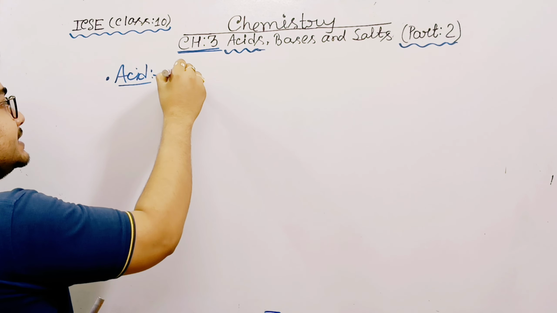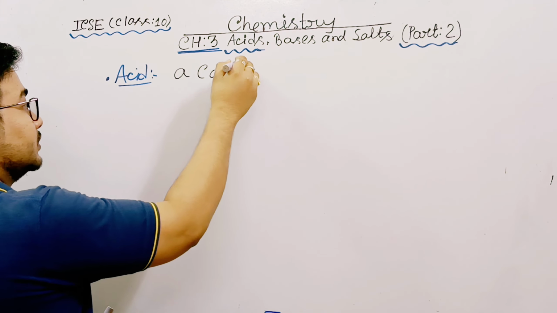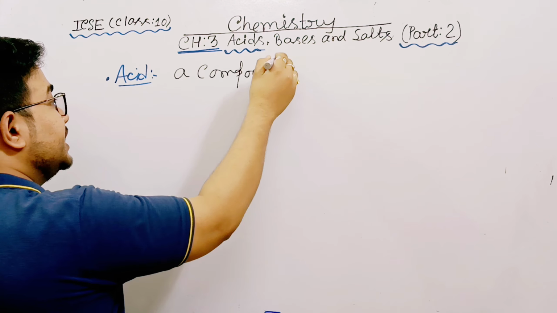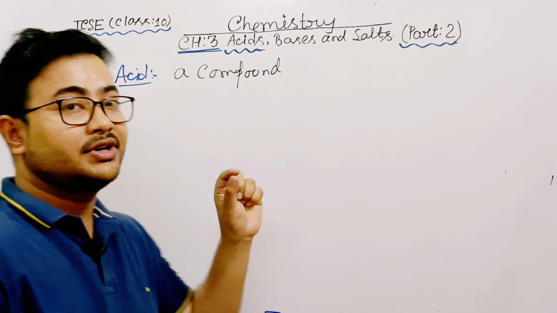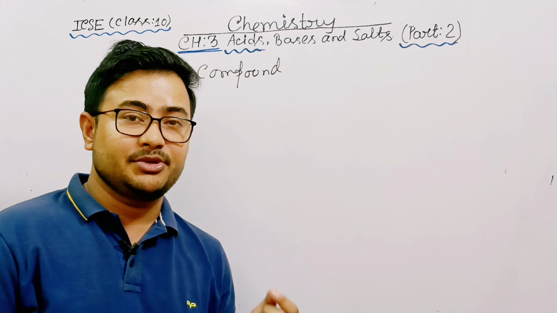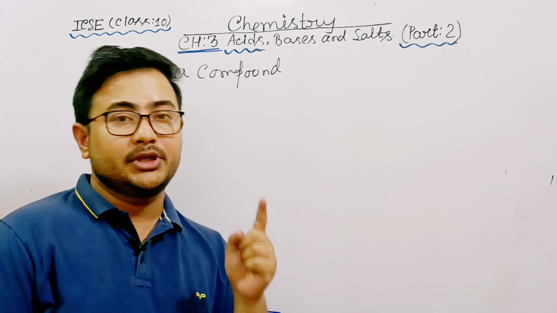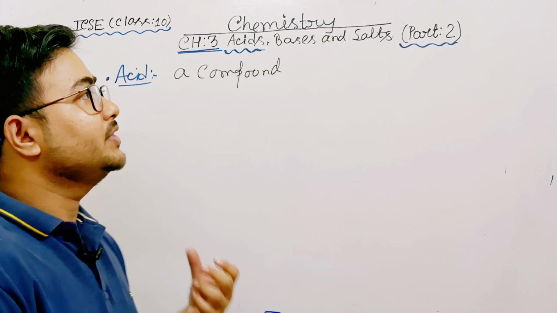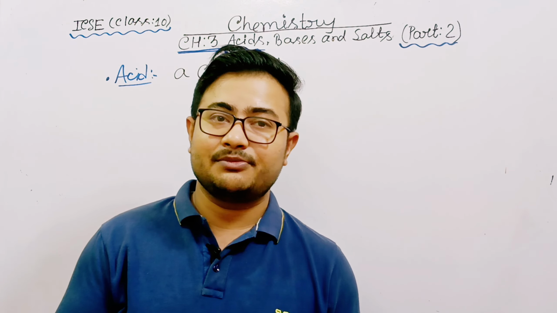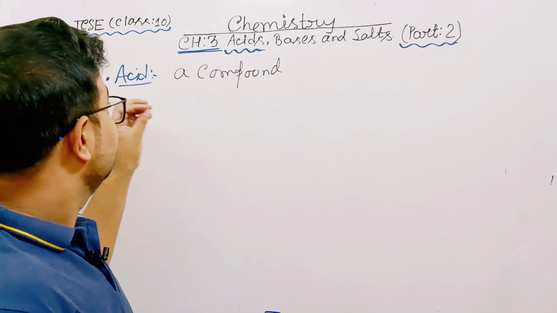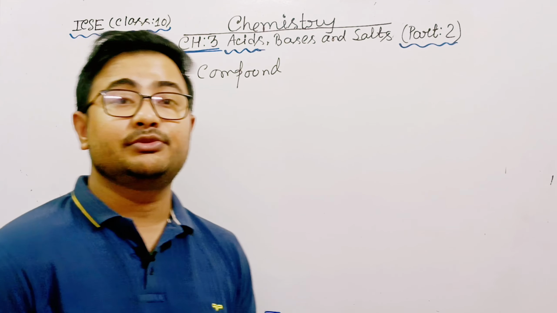Acid is a compound. I give the keywords. If you don't write these words in the examination paper, then you will not get the full marks. Suppose a definition comes in the exam, define the acid. If you write something else, then the teacher will not provide you the full marks.